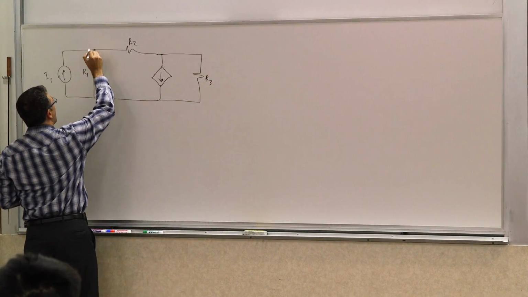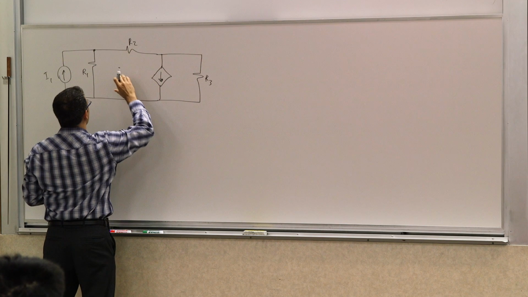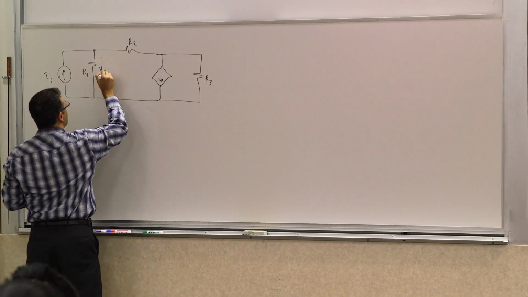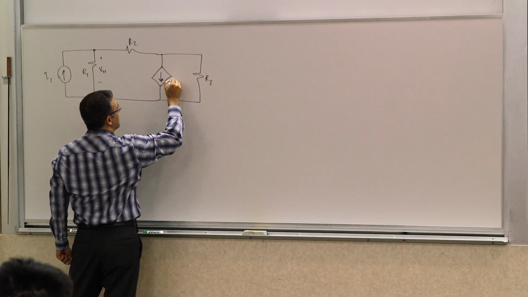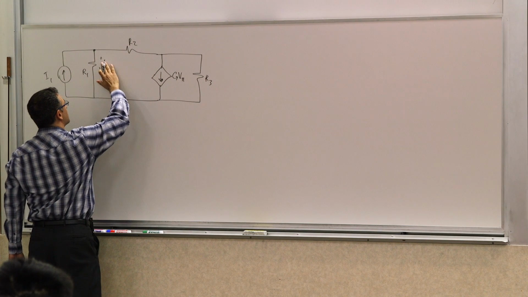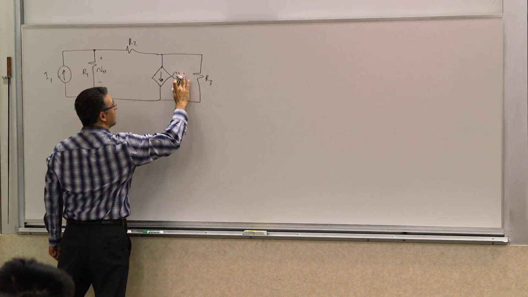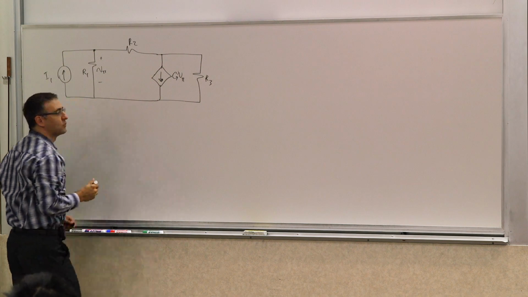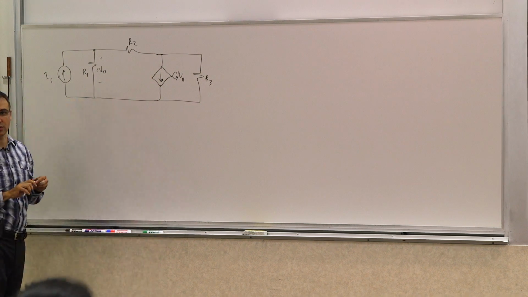And let's say we define this voltage, we call it v pi, and we call this source G v pi. It really should be lowercase v pi. So what you have here is a dependent source.